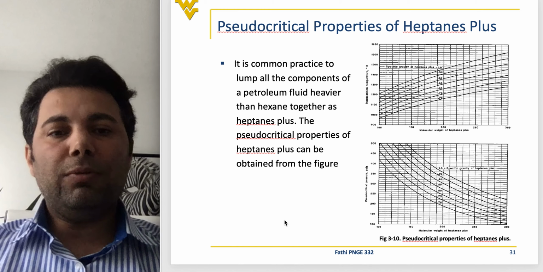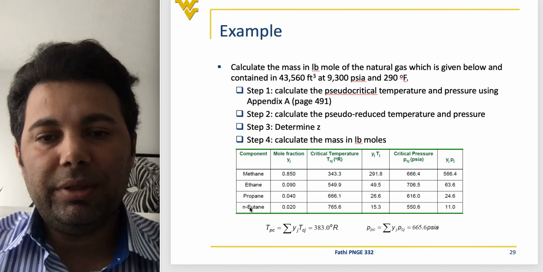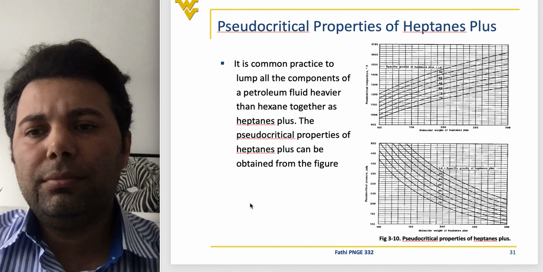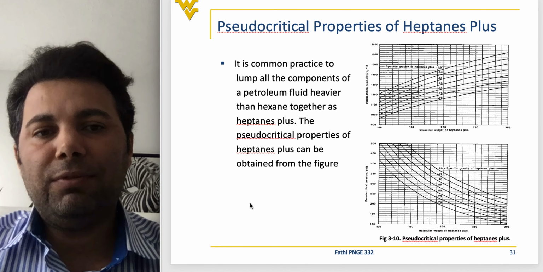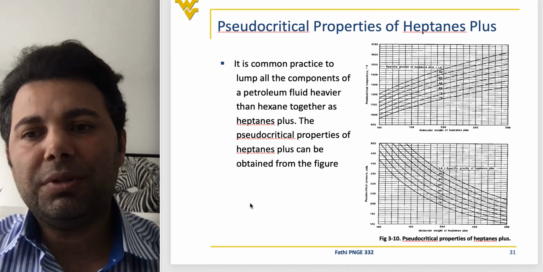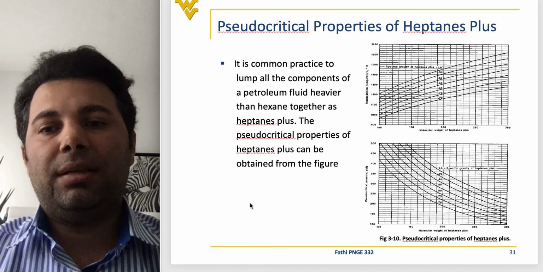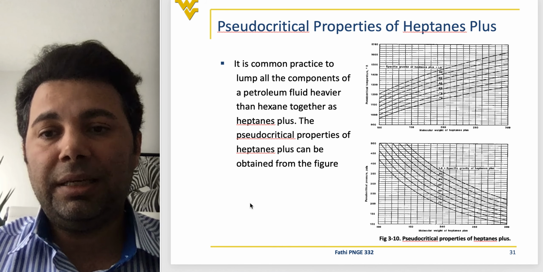So, so far what we have looked at were pure components. What if we have a mixture, where we don't have a pure component, we have something like heptane plus? If you remember in chapter 2, we said most of the time we report the gas components as pure components like methane, ethane, propane, butane, pentane, and hexane.